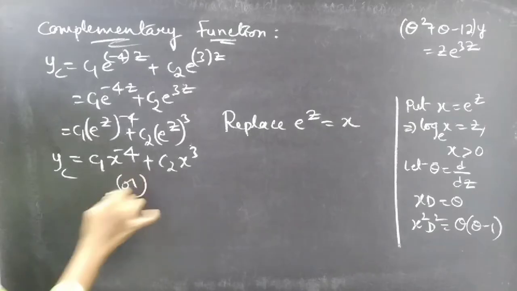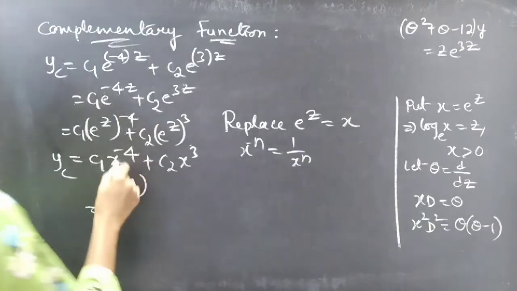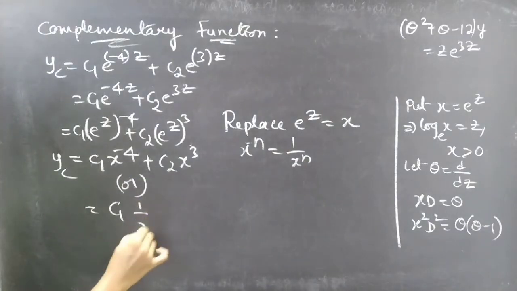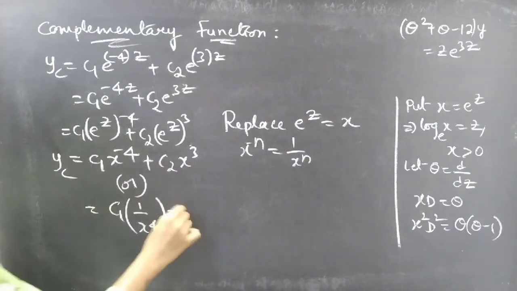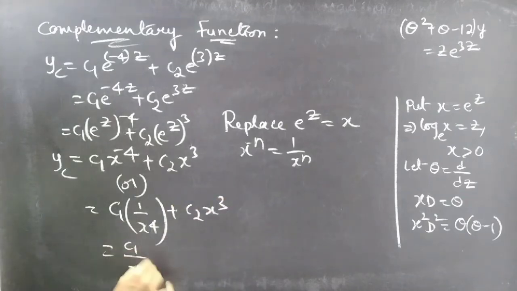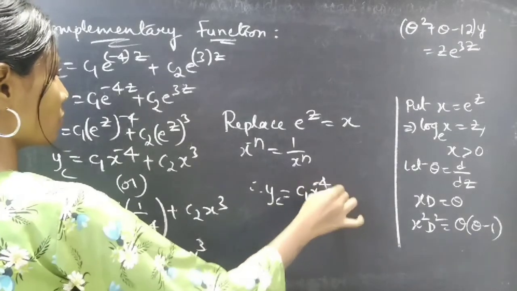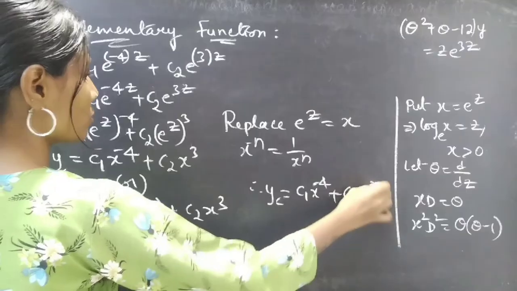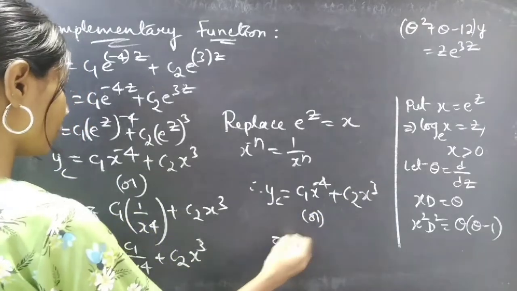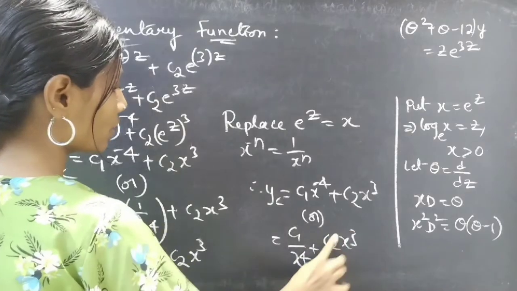We know that x power -n is 1 by x power n, so yc = c1 by x power 4 + c2 x cube.